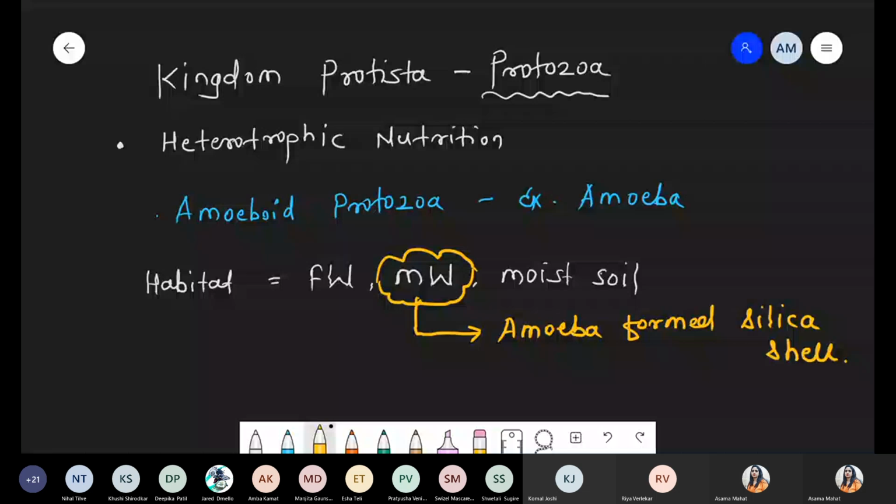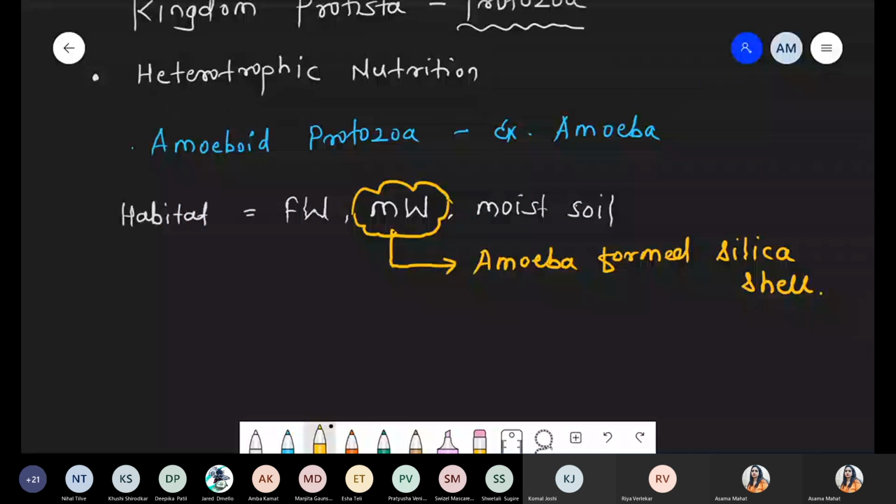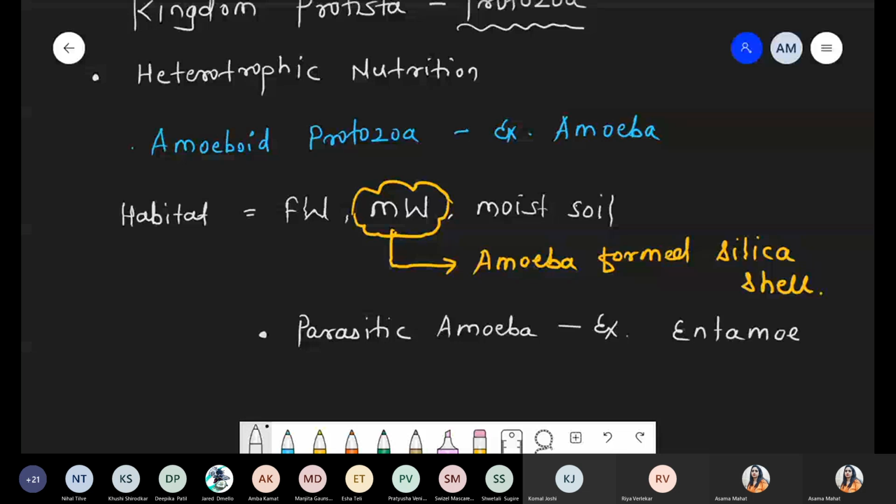Now, the next point: a few amoeba are parasitic. An example for this parasitic amoeba is Entamoeba, and this Entamoeba is responsible for dysentery. It causes dysentery.